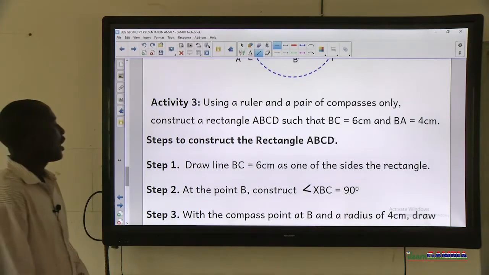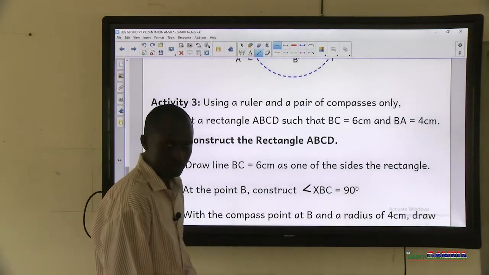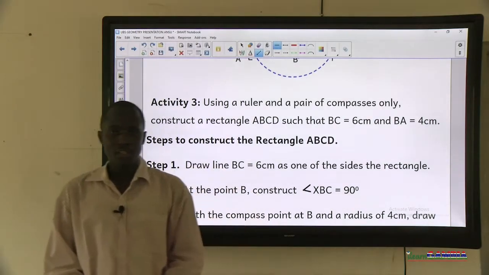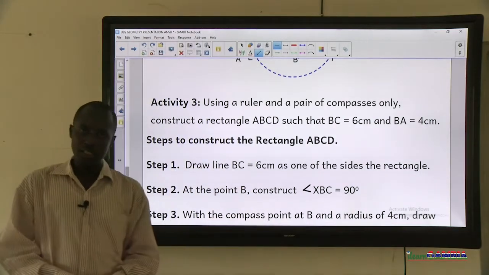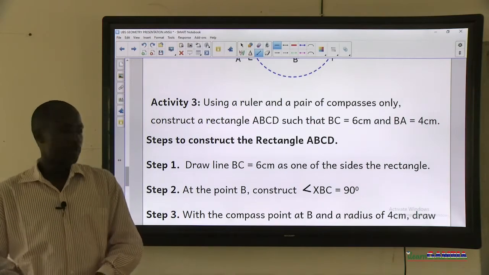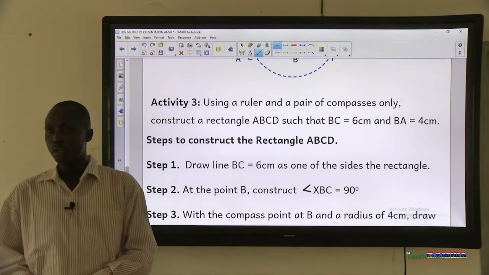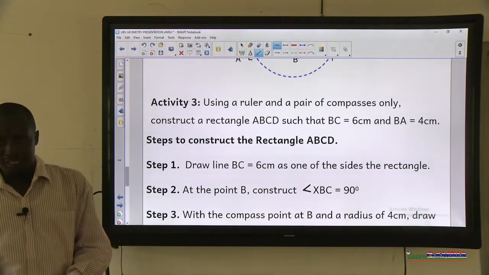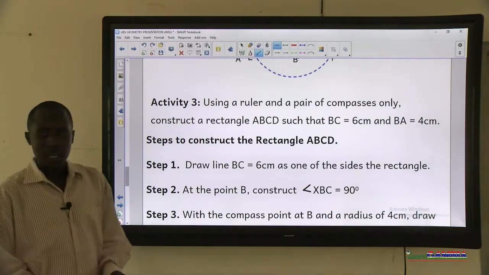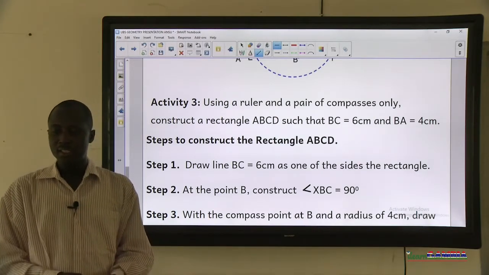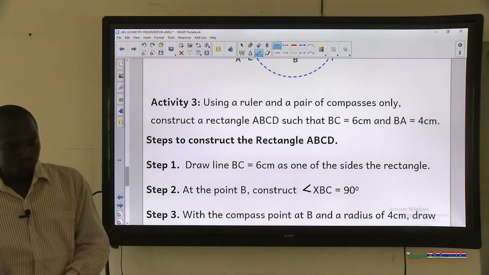Remember, a rectangle has two sides opposite which are equal in length. The opposite sides of a rectangle are equal in length. But for a square, all the sides are equal.